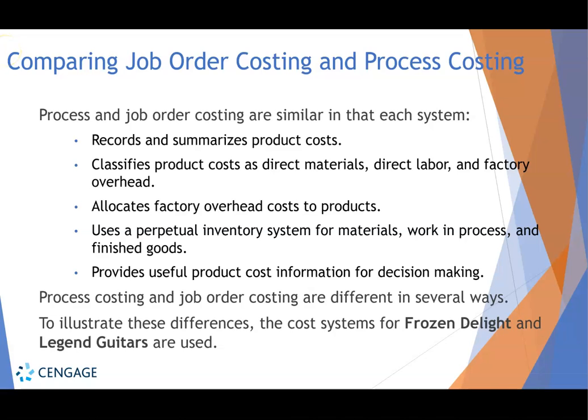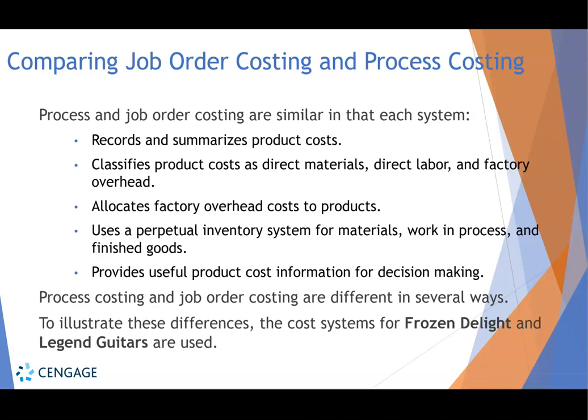Process and job order costing are similar in that we still record and summarize the costs of the products, and we classify the costs as direct materials, direct labor, and factory overhead. These are the same on both sides.